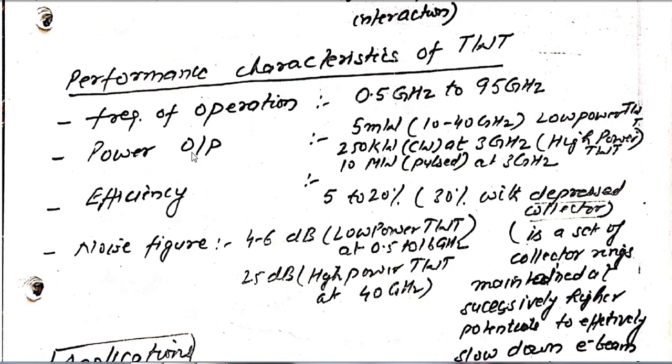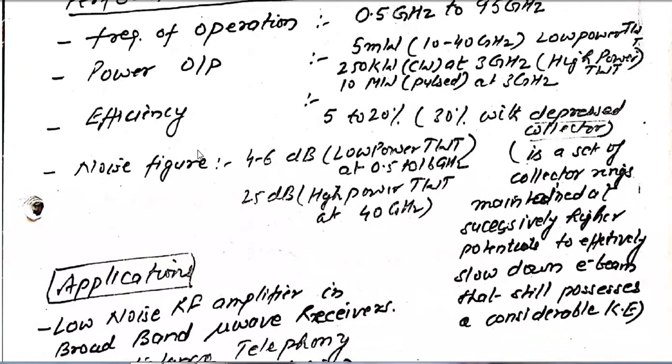Power output is 5 milliwatt at 10 to 40 GHz, a low power TWT; 250 kilowatt at 3 GHz, termed a high power TWT; and 10 megawatt, for the pulsed wave, at 3 GHz.